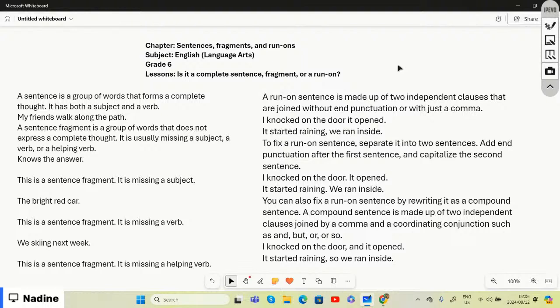And then the lesson that we are focusing on today is: is it a complete sentence, a fragment, or a run-on?